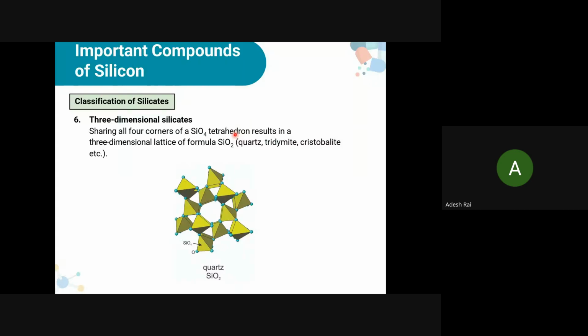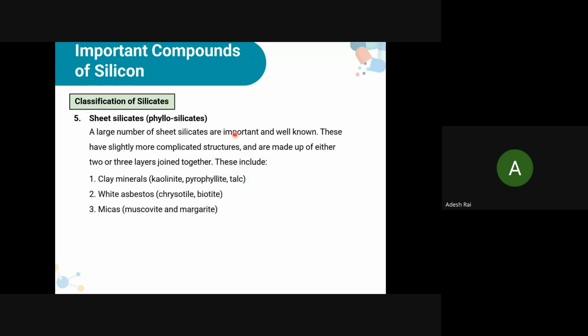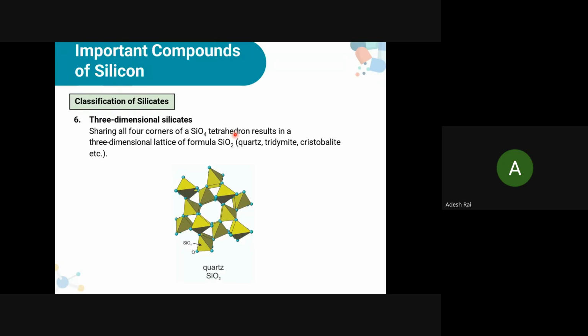Three-dimensional silicate. So, till now we have seen that the maximum shared corner was how much? Three corners, in the previous case. What was the previous case? Sheet silicate, also called phyllosilicates. So, in sheet silicate, we used to share three corners, but in three-dimensional silicate, total corners shared will be how much? Four corners of SiO4 units are shared. In a three-dimensional lattice, the formula is SiO2.